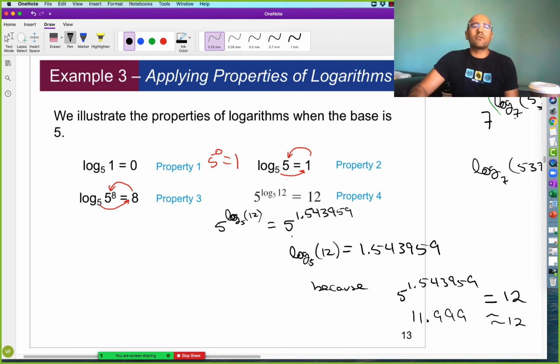Like, how are you supposed to know what 5 raised to the power of 1.549 is equal to? It's kind of hard when you're staring at this. But when you're staring at it in this form, it should make sense, since the answer to this is the decimal such that 5 to the power of that decimal equals 12. So that's why this answer has to be 12.